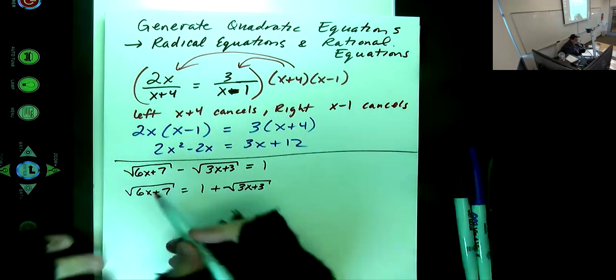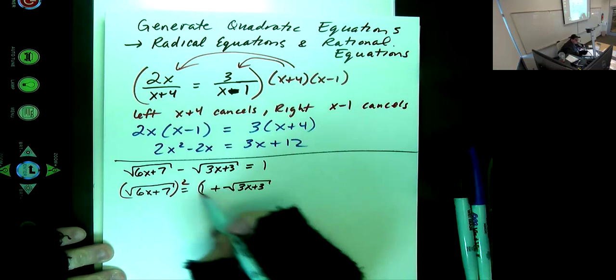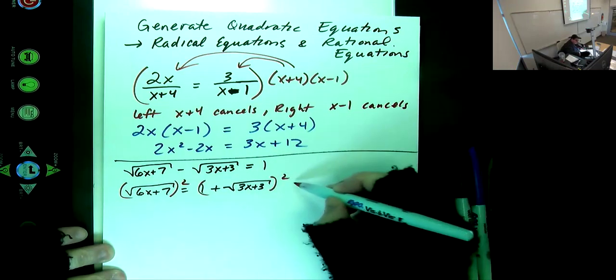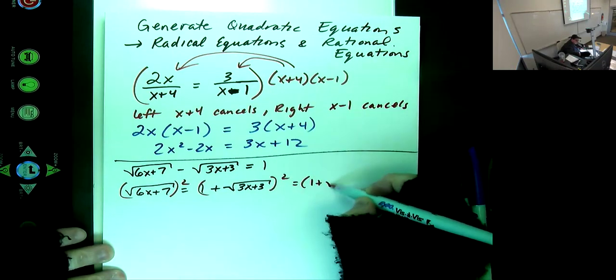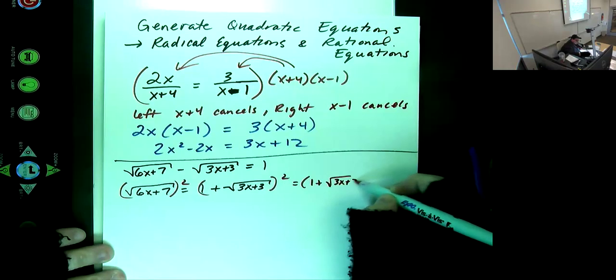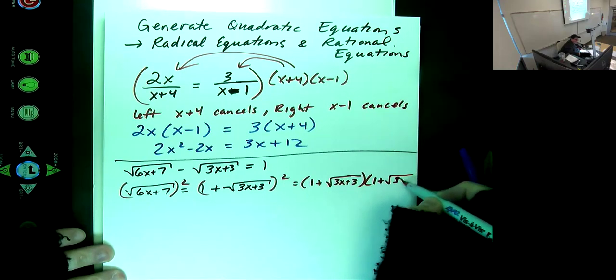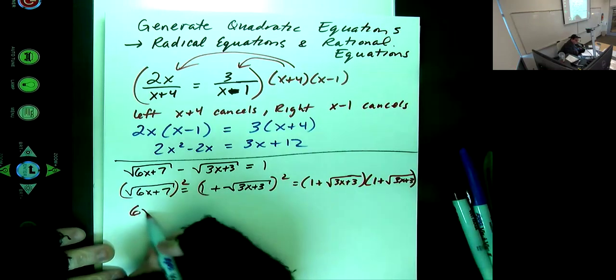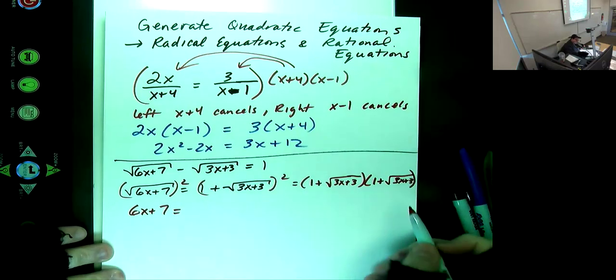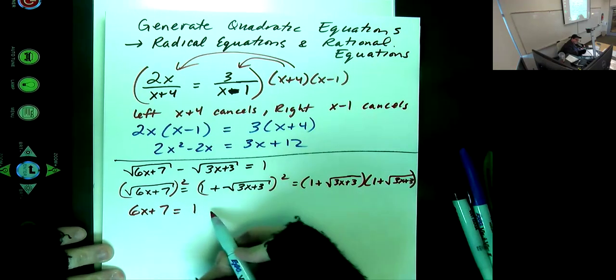Then we square it, right? But this right side is 1 plus square root of 3x plus 3 times 1 plus square root of 3x plus 3. So don't just jump the gun there. Left side simple. We have to distribute on the right side.